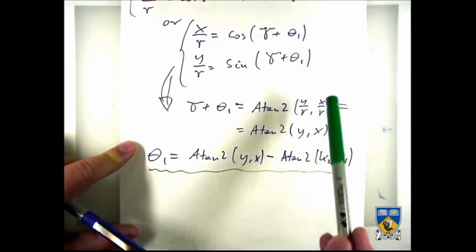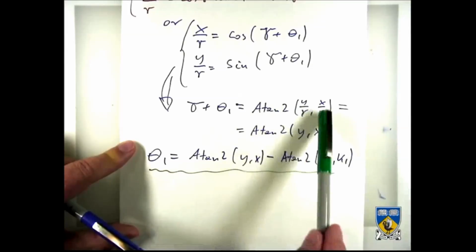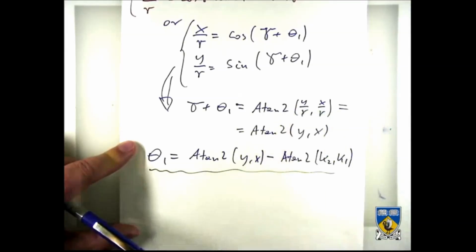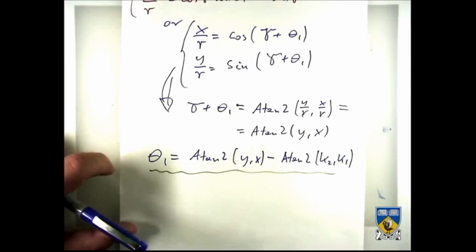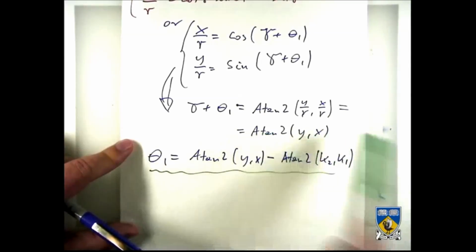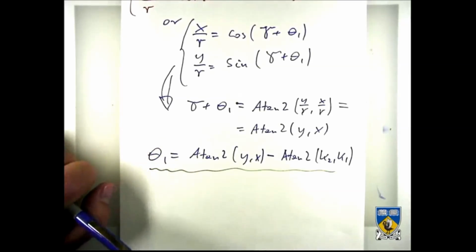of y over r and x over r, but of course, when generating inverse tangent, the factor makes no difference. It's just the ratio that makes difference. So r can be taken away, and we just get atan2 with two arguments y and x.